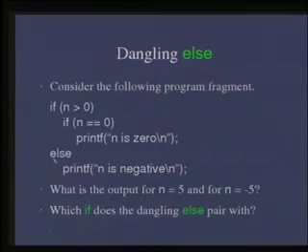So in the example that we just saw, regardless of how we indent it, this particular else will be assumed to be paired with the innermost if, which is this one. Which means that this program is probably not doing what we wanted, because for positive values of n, it actually prints "n is negative", and for negative values of n, it just doesn't print anything.